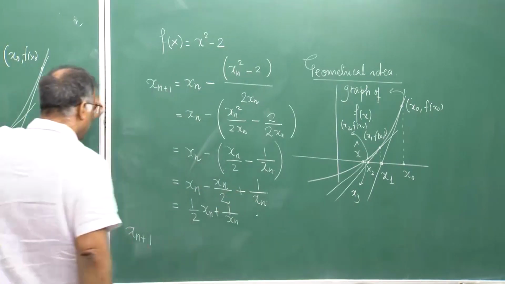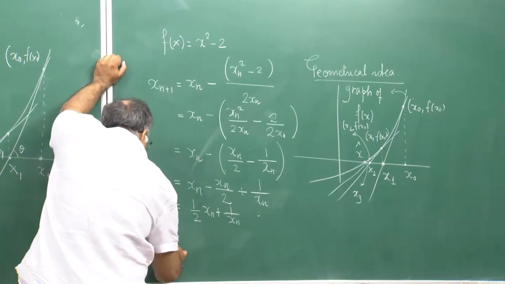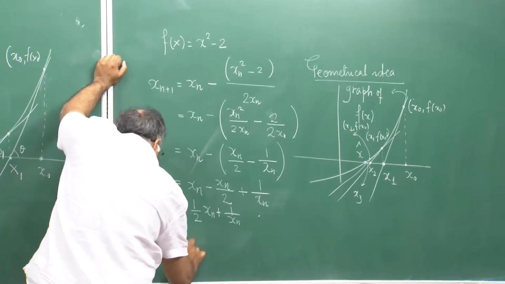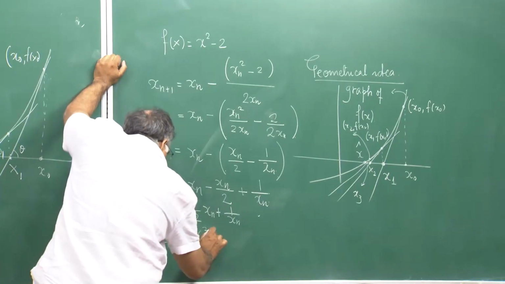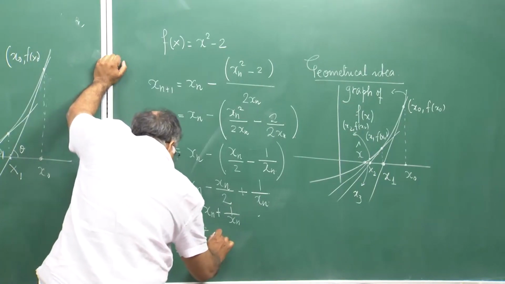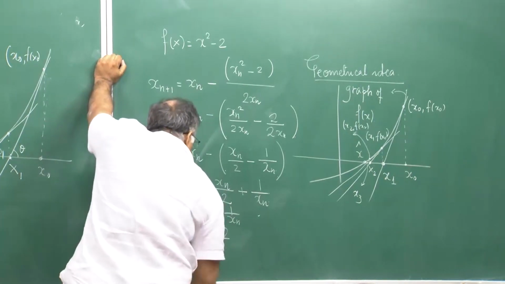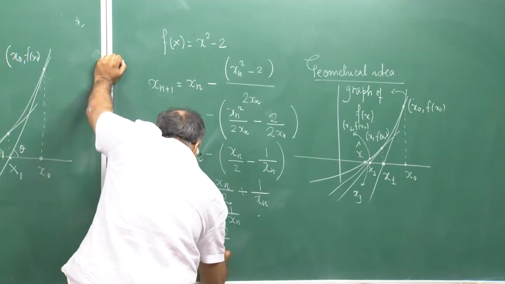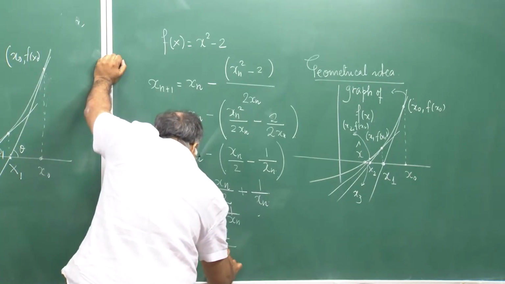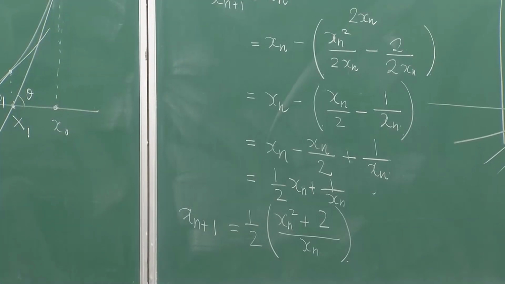So x(n+1) is half of xn plus 2 by xn, or half of (xn square plus 2) by xn. So this is the scheme.